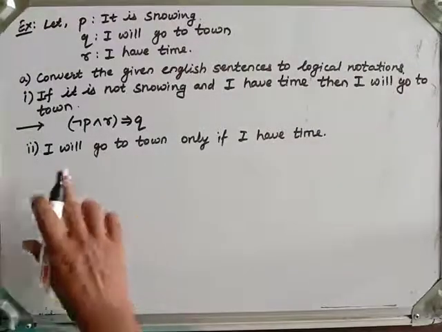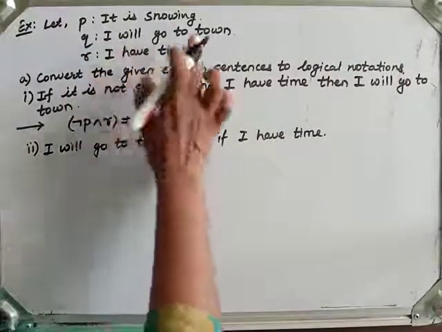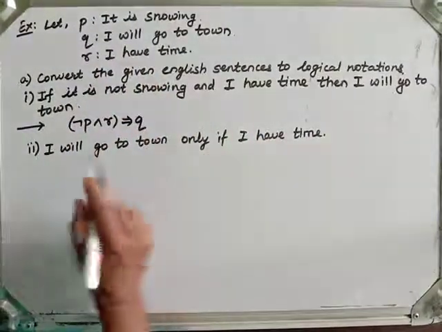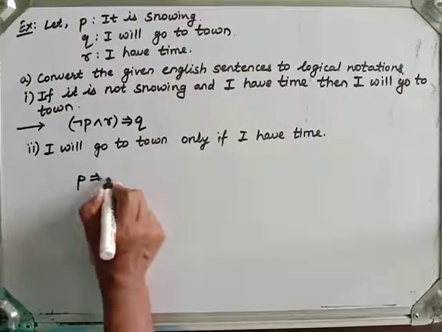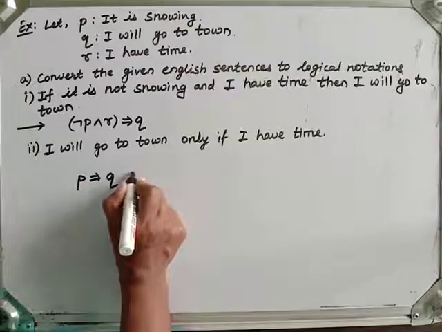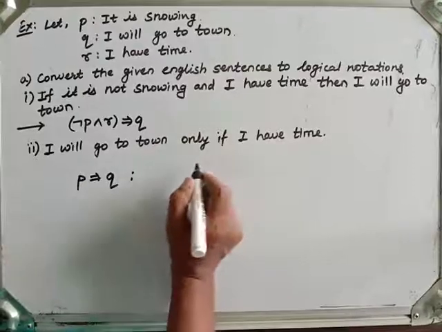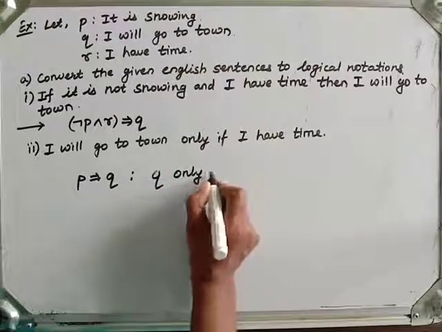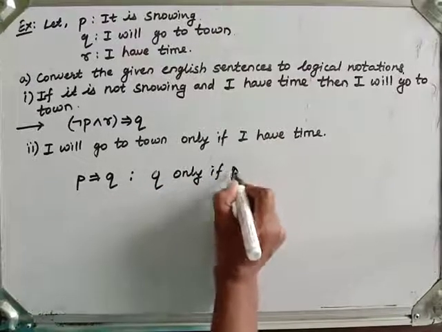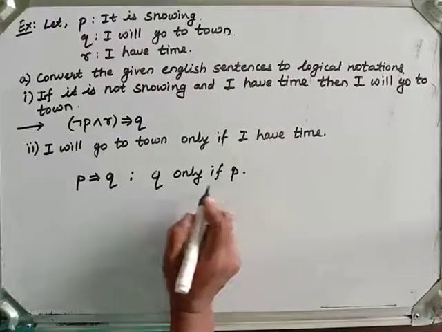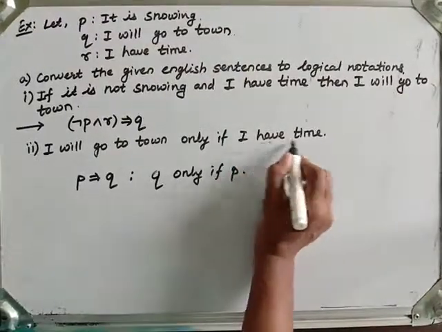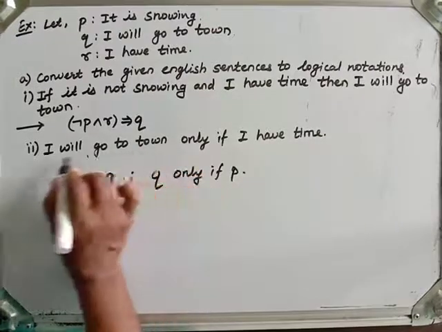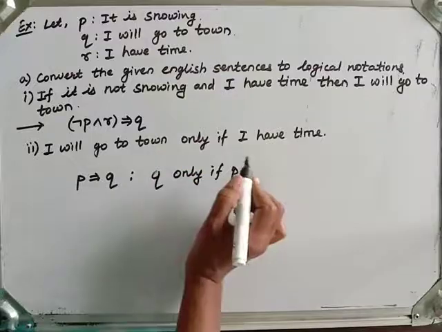Now "I will go to town" is Q, and "I have time" is R. But you know, P implies Q can be written as Q only if P. So using that, "I have time" is the premise here, and "I will go to town" is our consequence.